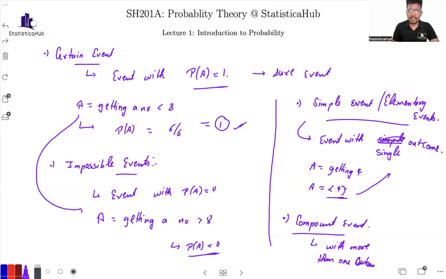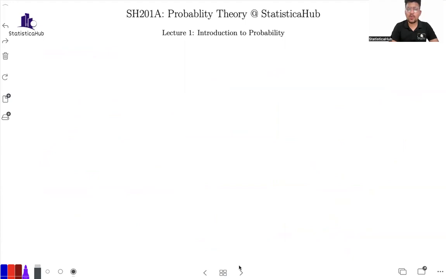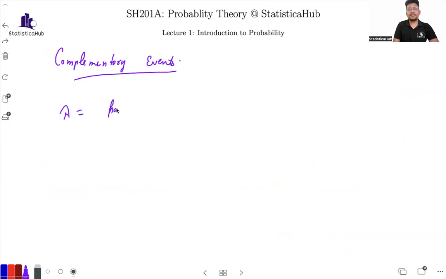Now just move ahead. Then we define something that is known as complementary events. So what is the meaning of complementary events? If I say event A says passing an exam, then event A bar, or you say A complement, means not A, just opposite to A. That means failing an exam.